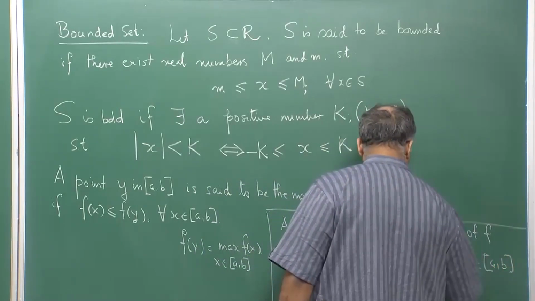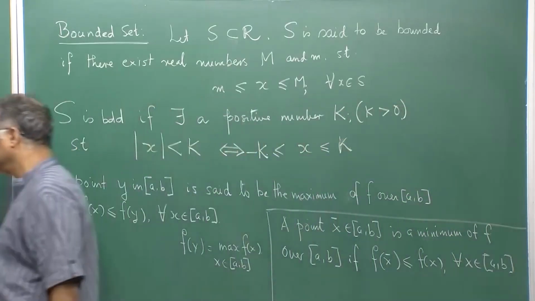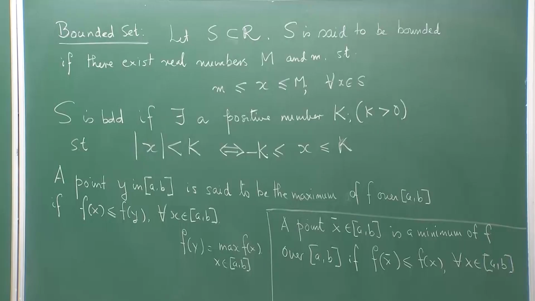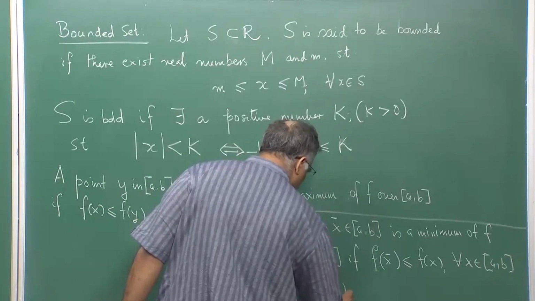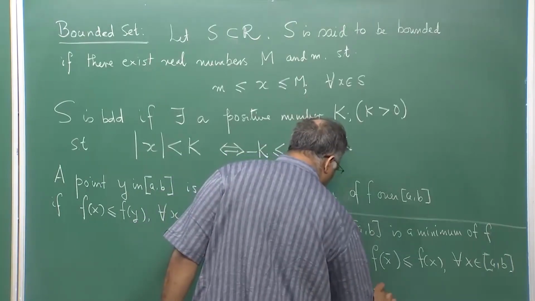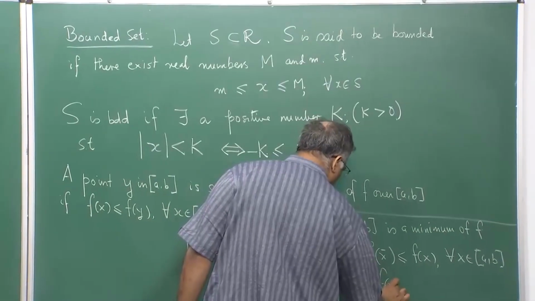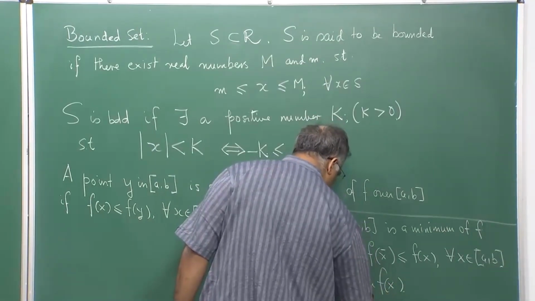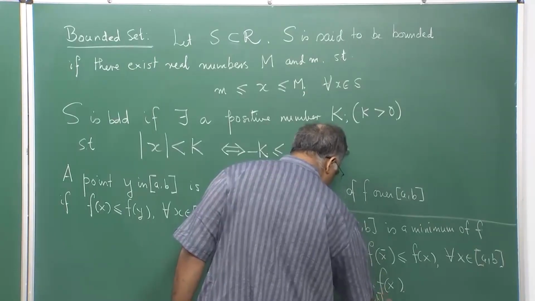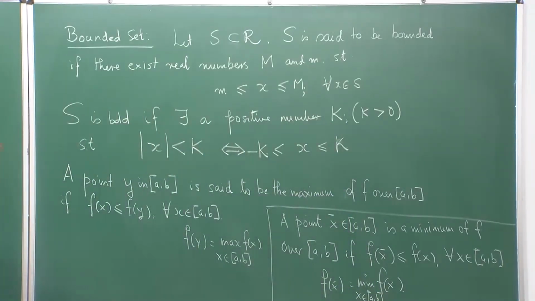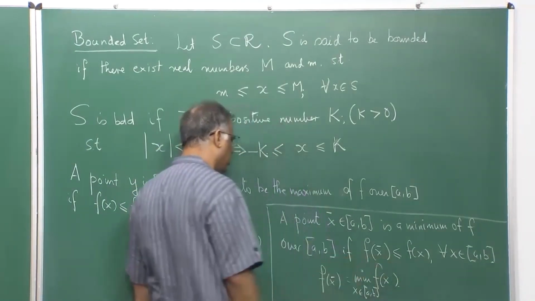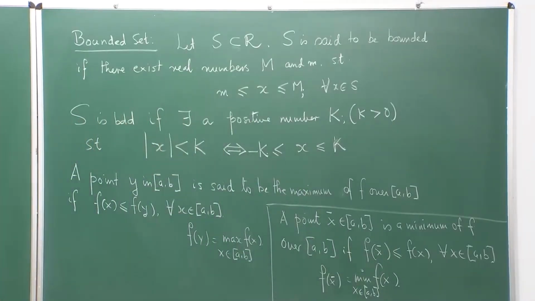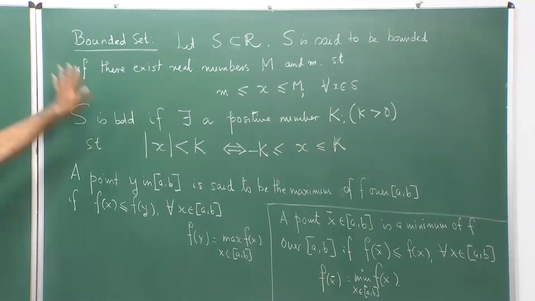One is the smallest functional value, one is the largest functional value. Sometimes this is also written as f of x bar is the minimum value of f of x, where x ranges over A to B. It might look just a symbolical thing, but this class of problems is hugely important in optimization and in many practical applications. So, you have this basic idea now written down.